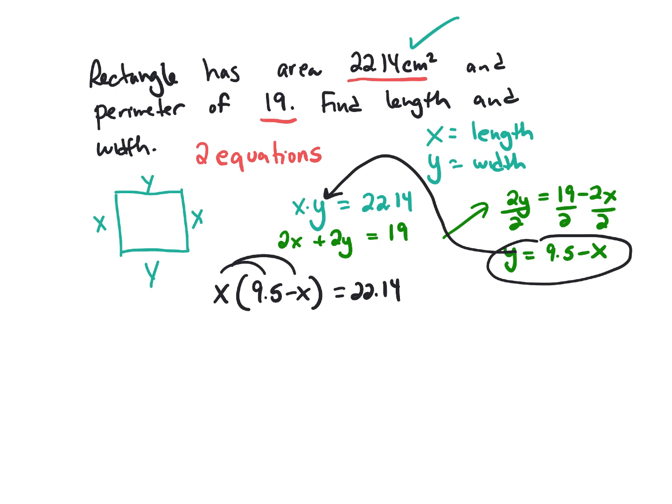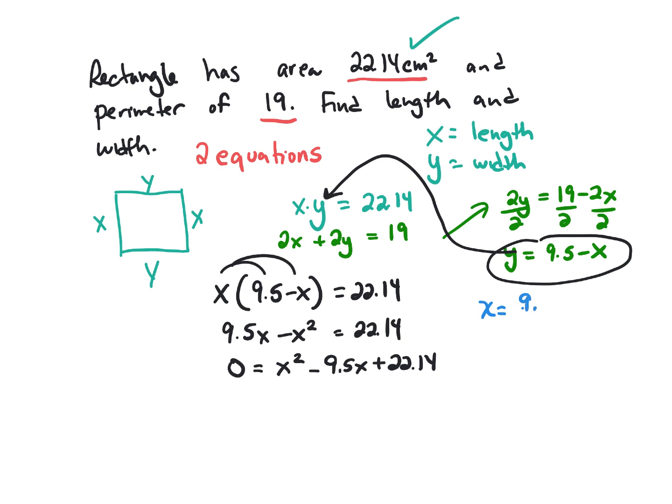So I'll go ahead and distribute. I'll get 9.5x minus x squared equals 22.14. I'm just going to move everything to the right, and that'll make it positive x squared minus 9.5x, and then of course still positive 22.14. Now there's not a good way to factor this, so we're pretty much stuck using the quadratic formula.